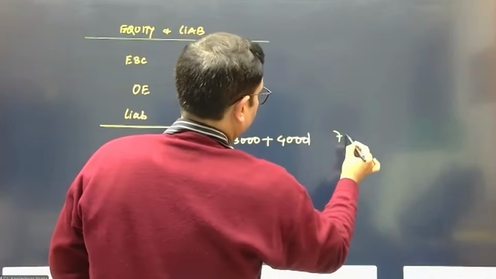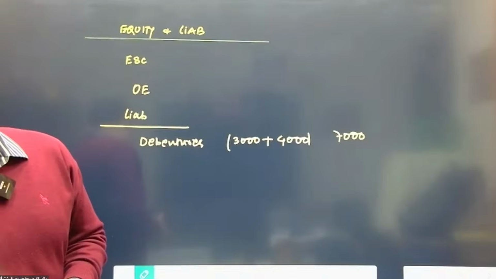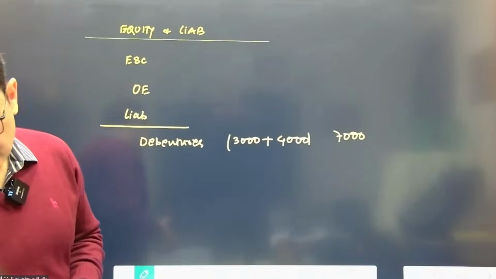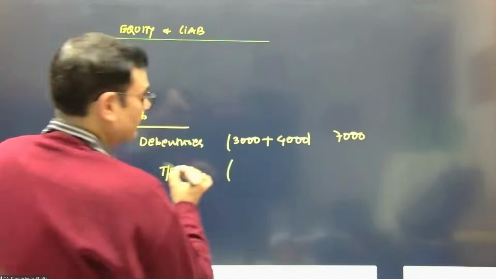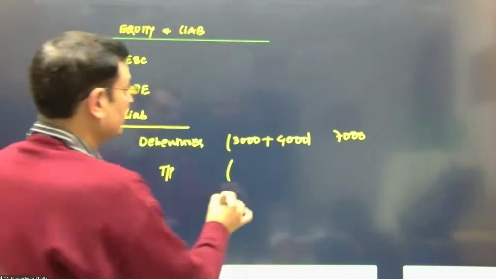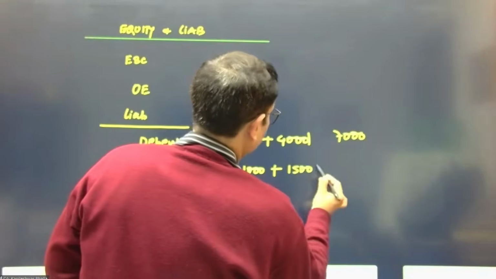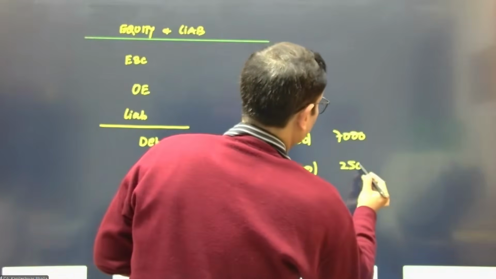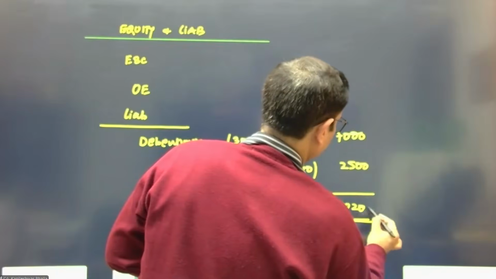So that works out at 7,000. And then there is trade payables. Trade payables is again at book value. That's 1,000 and 1,500. So that works out at 2,500, and this would of course be 30,200.